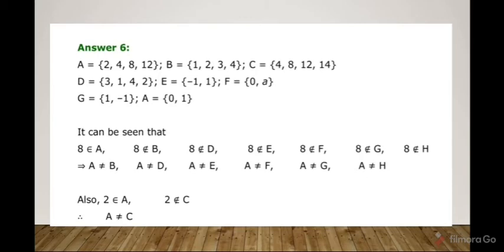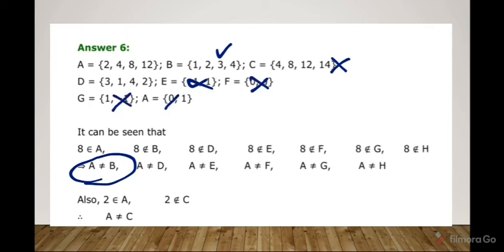From the previous slide you can already conclude that B is not equal to A. Now take one element, 3, from set B. 3 does not belong to C, E, F, G, or H. The only remaining sets which contain 3 are B and D.